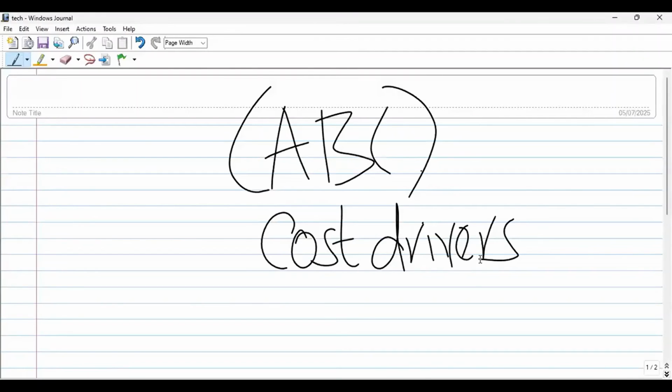So write that a cost driver is a factor that causes the costs of an activity.